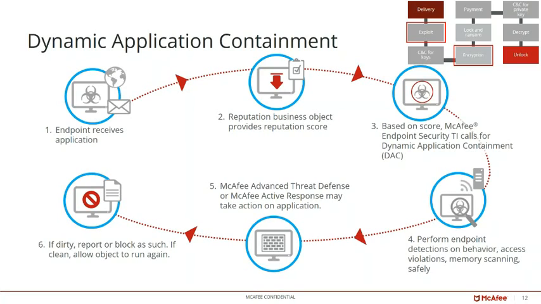Now, this particular technology doesn't identify anything as good or as bad. It doesn't convict malware, if you like. It doesn't kill any processes, delete any bad files, or quarantine anything. All it's designed to do is to contain an unverified process.